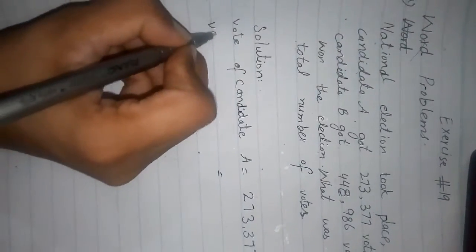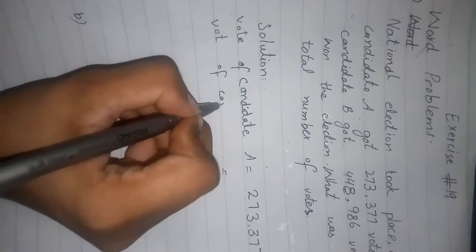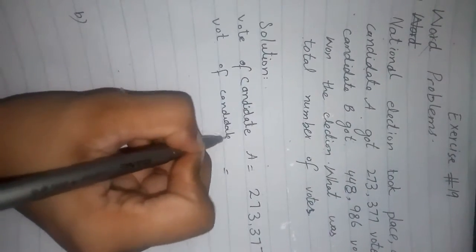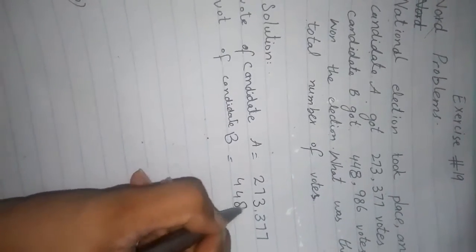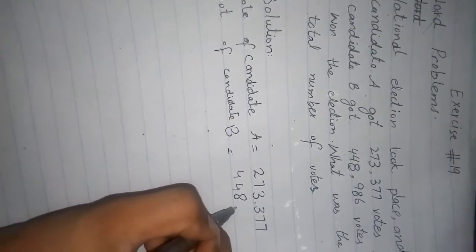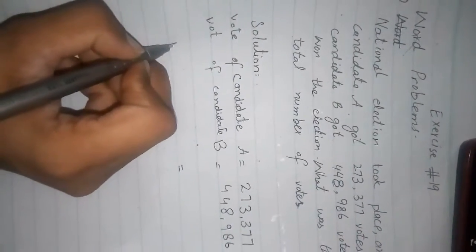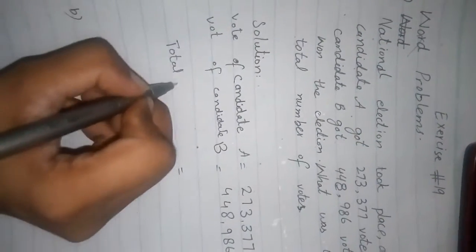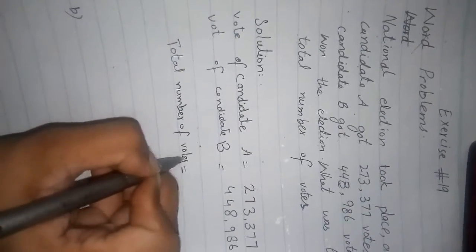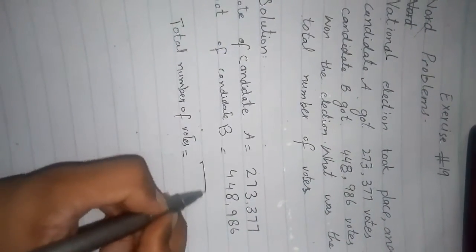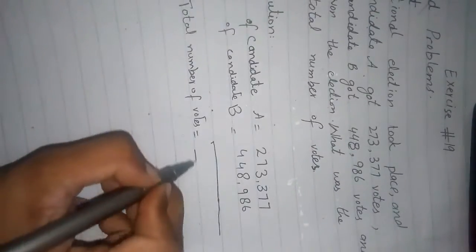And the vote of candidate B. How many? 448,986. And we have to find the total number of votes. So by adding these two numbers we can find out the total.